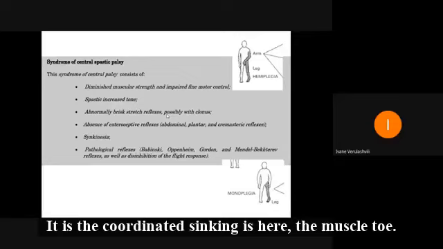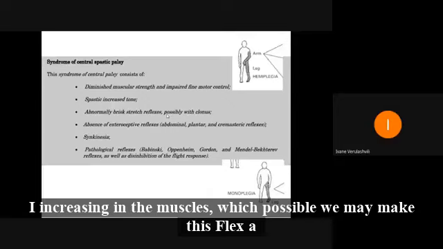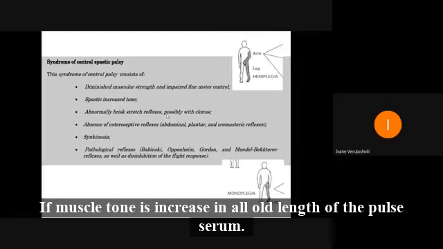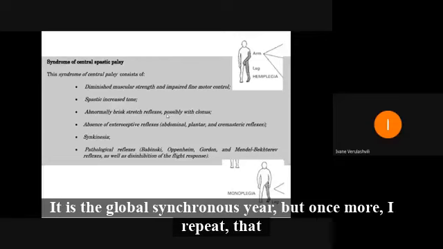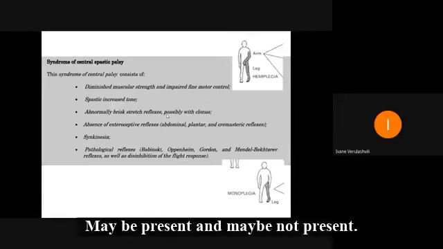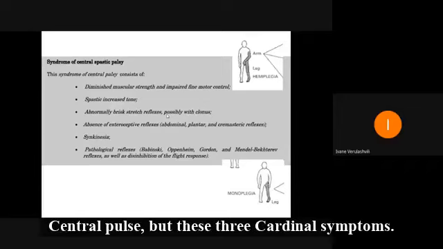The muscle tone is increasing in the muscles which possibly may make this flexor movement. If muscle tone is increasing along the whole length of the palsy limb, it is global synkinesia. But once more I repeat that clonus and synkinesias may be present and may be not present in central palsy.